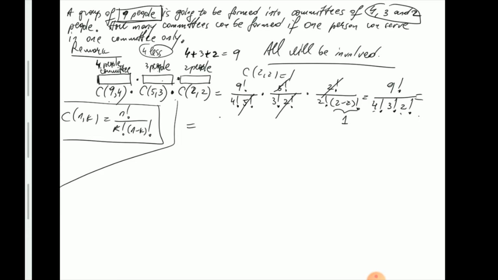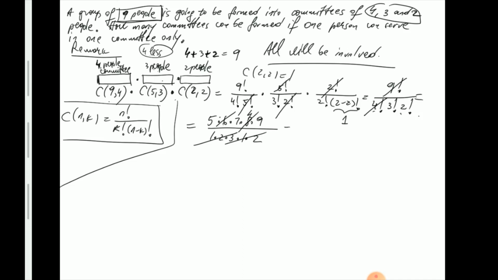So I'm going to again pair the bigger factorials together. If I cancel 4 factorial, on the top I'm left with 5 times 6 times 7 times 8 times 9. And then expand the factorials remaining, and try to pair what's left efficiently. 1 times 2 times 3 is 6. I can cross out 2 with 8.